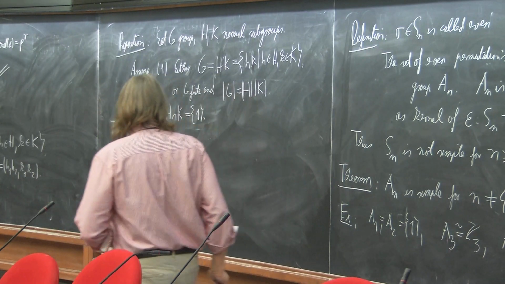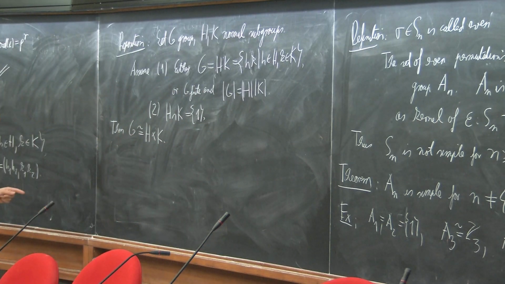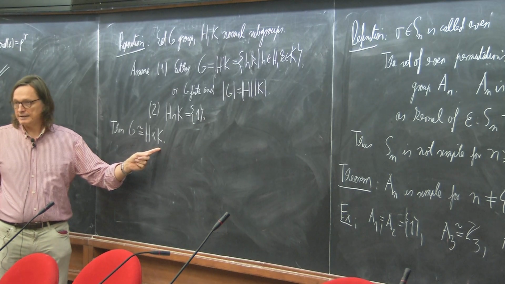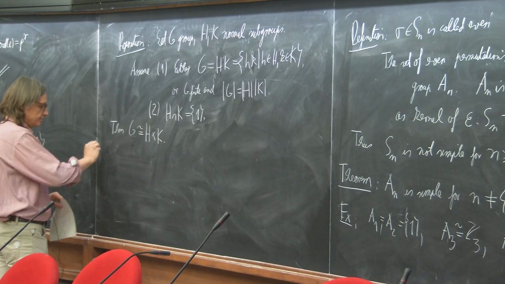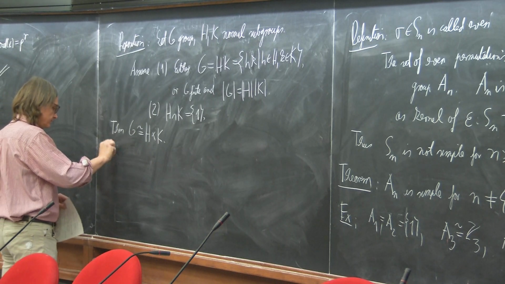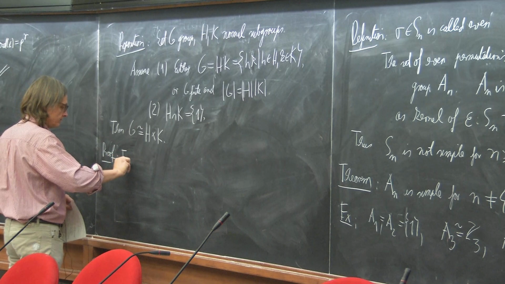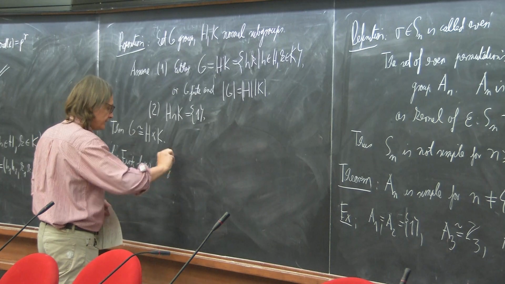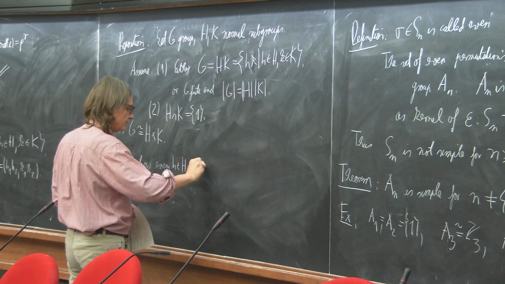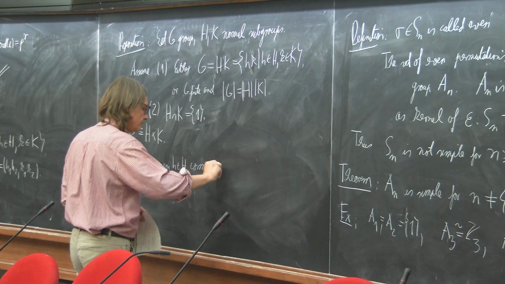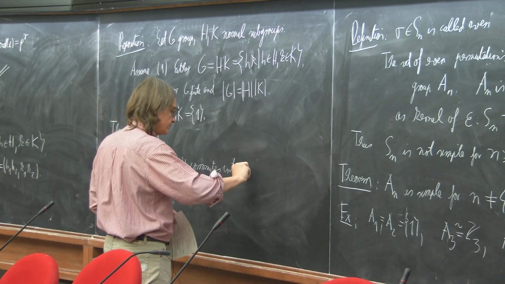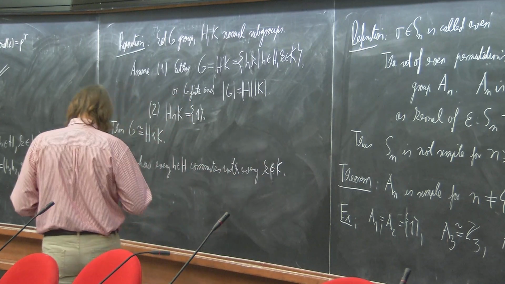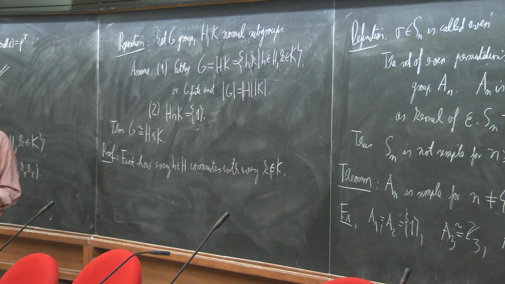Now, by definition, in such a product, every element of H will commute with every element of K. So let's first show that. Every h in H commutes with every k in K. So let's just write it down.